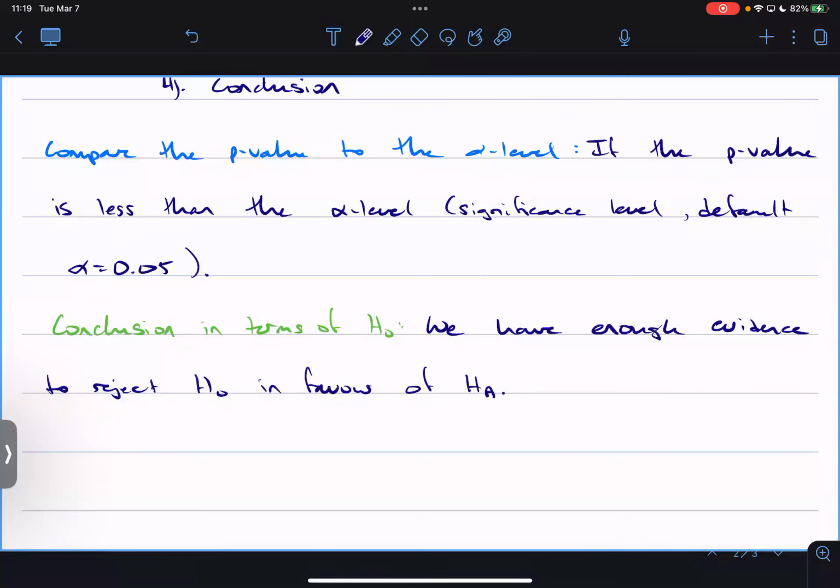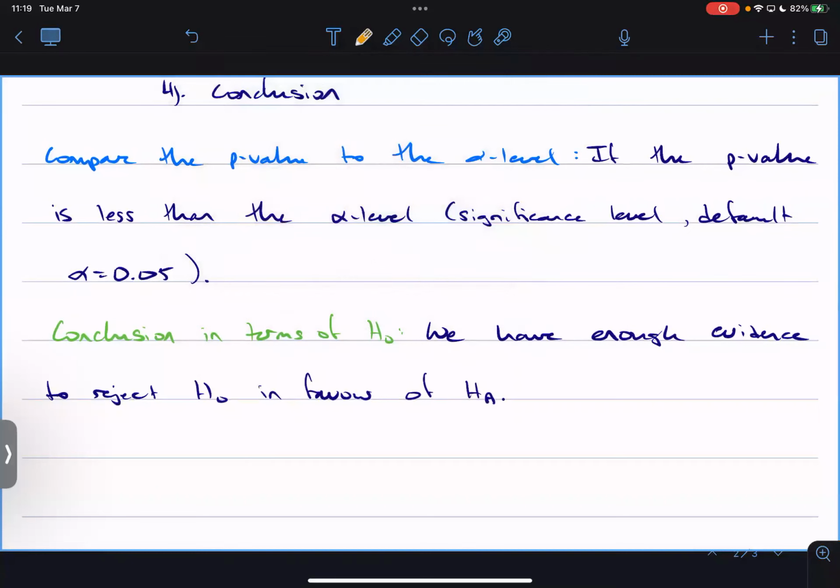And so the flip side of this would be if the p-value is not less than the alpha level, we do not have enough evidence to reject H naught. And then you wouldn't say in favor of HA because you're not rejecting it.